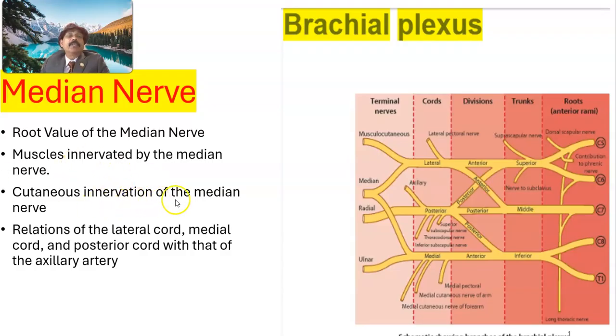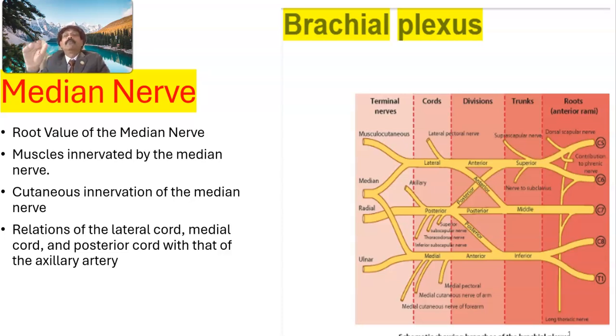Cutaneous innervation of the median nerve: I will emphasize the cutaneous innervation on the palm of the hand. So the lateral two-thirds, that is the thumb, index finger, middle finger, and half of the ring finger, skin and the palm area is getting sensory innervation from the median nerve.